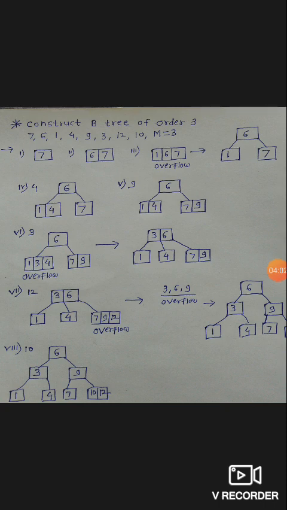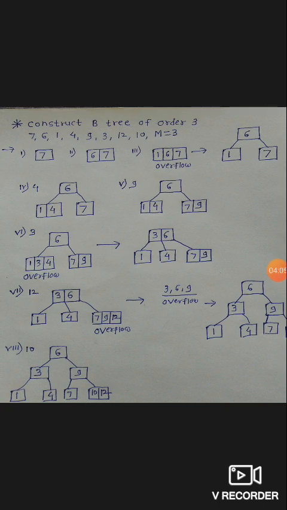Next key value is 3. 3 is less than 6, therefore it is added at the left hand side. As I add 3 at the left hand side, it becomes 1, 3, 4, because as we are adding new key values, we arrange data inside the node in such a way that all keys are in ascending order.